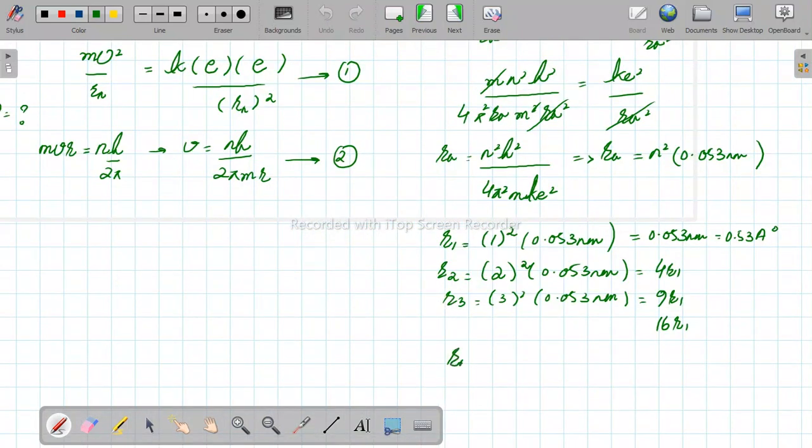Hence we can write the radius of the nth orbit as the square of the principal quantum number times the first Bohr radius in the hydrogen atom.